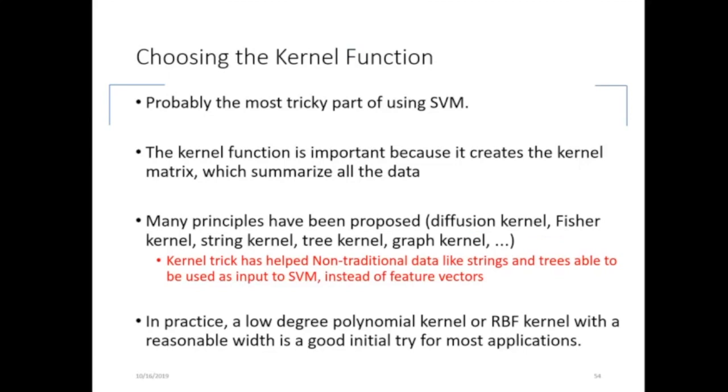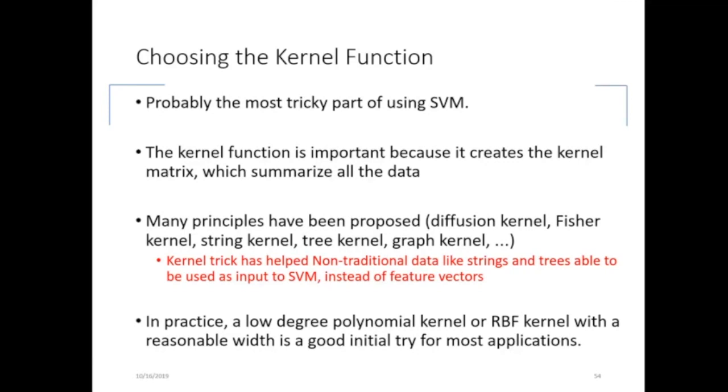Okay, so next is the trickiest part of using SVM: what kernel function to use. The kernel function is important because it summarizes almost everything about the data. I don't even use X at all. I only use K, that matrix of kernel pairwise similarity relationships.